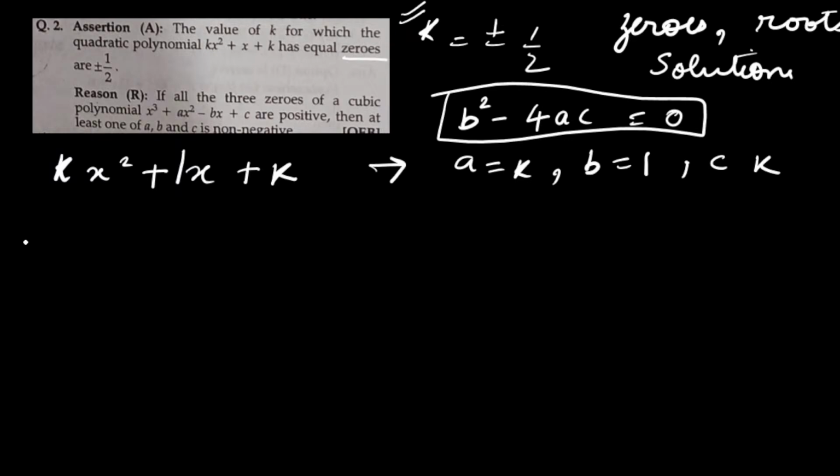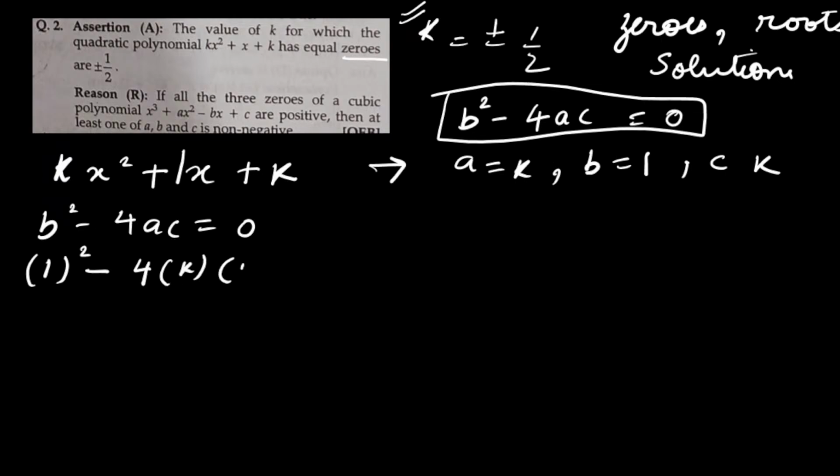So I'm just using this formula, b square minus 4ac is equal to 0. Let's substitute the values. B's value is 1, so 1 minus 4, a's value is k, c's value is also k, is equal to 0.